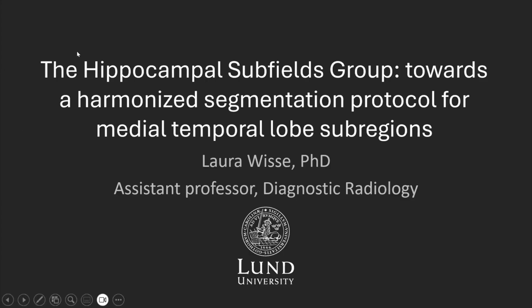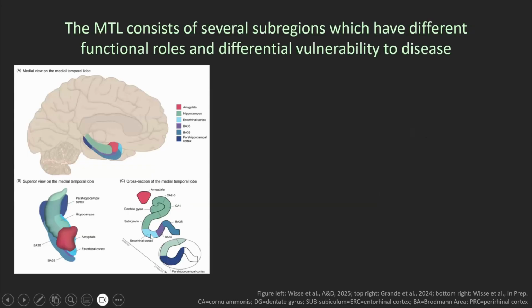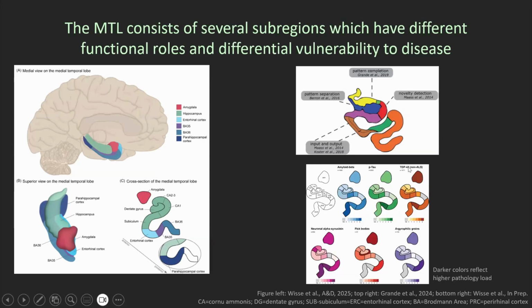Yes, I will continue with the hippocampal subfields group. So I guess I don't have to tell you this, but the medial temporal lobe, as we've heard in the last talks, is really crucial for cognition, aging, and neurological and neuropsychiatric diseases. And as we've seen, it consists of several subregions, which have differential functional roles and also differential vulnerability to disease.